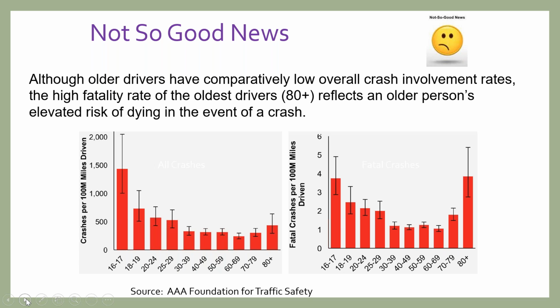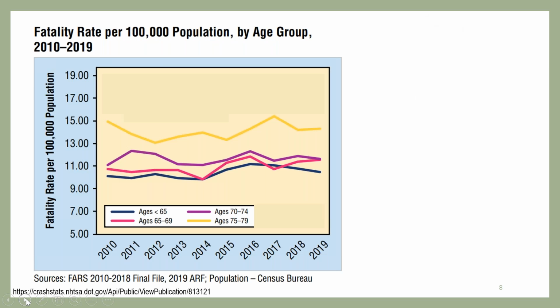So that's the not so good news, is that older drivers tend to be overrepresented when they are in a crash in terms of the severity of the consequence of that crash.